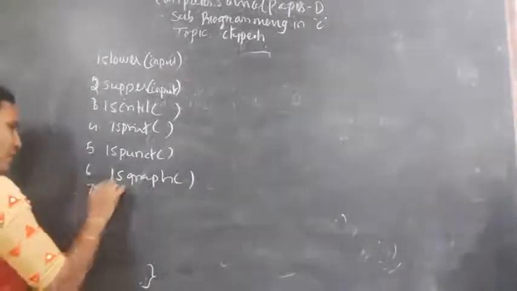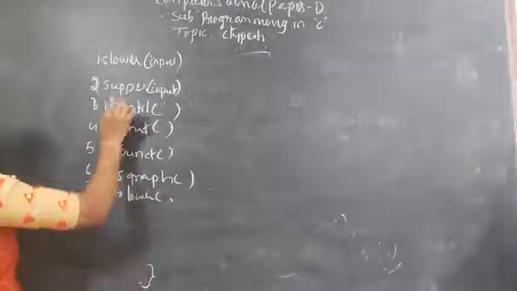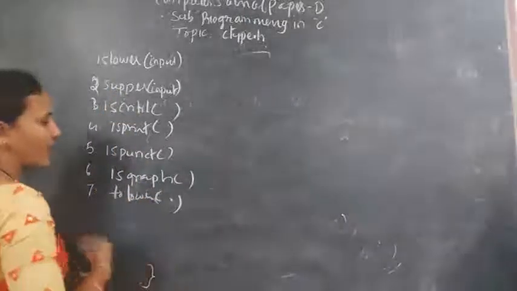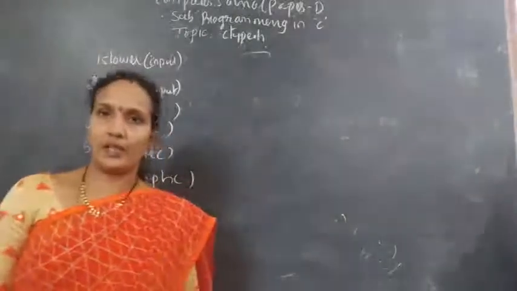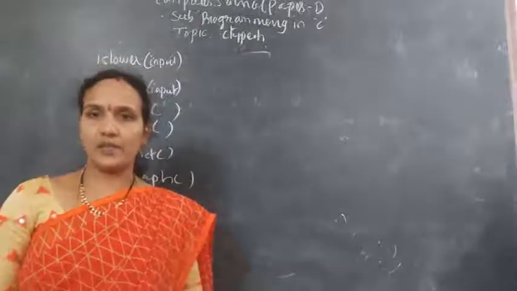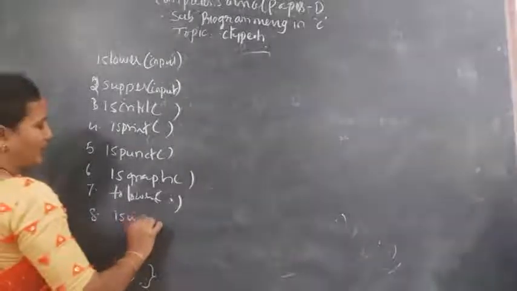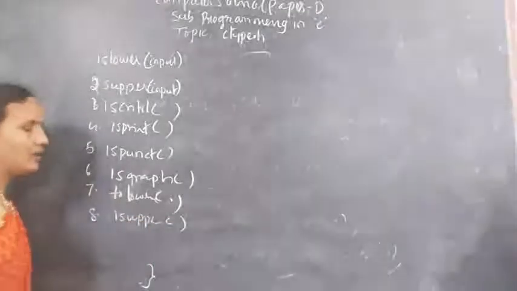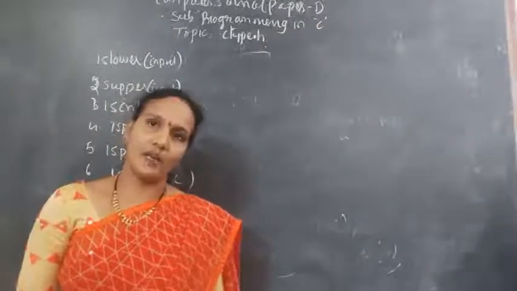Next, tolower and toupper. These will change the case. First it checks whatever value you have given, and if it is an uppercase character, it converts it into lowercase. For toupper, first you check whether the value you have given is a character, and if it is, it is converted into uppercase.